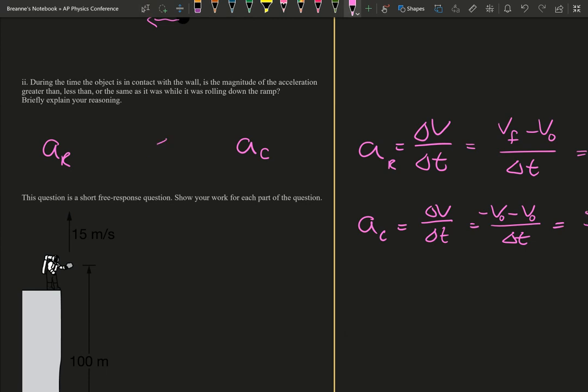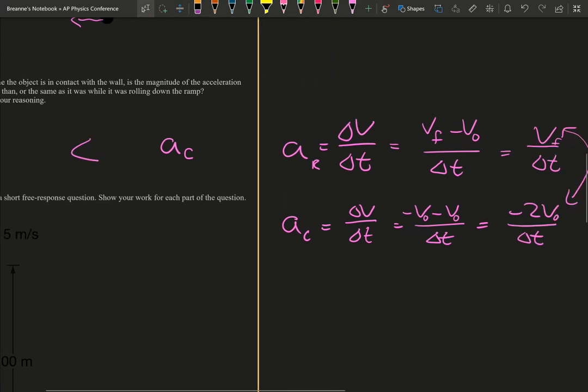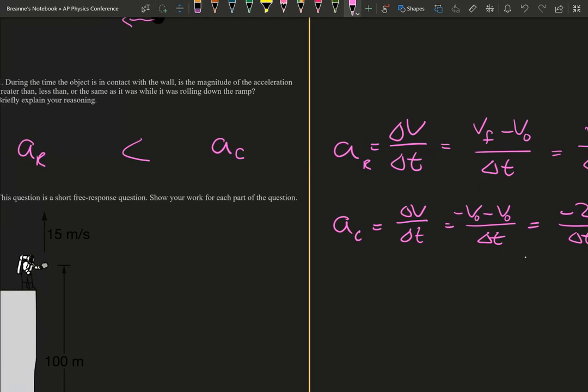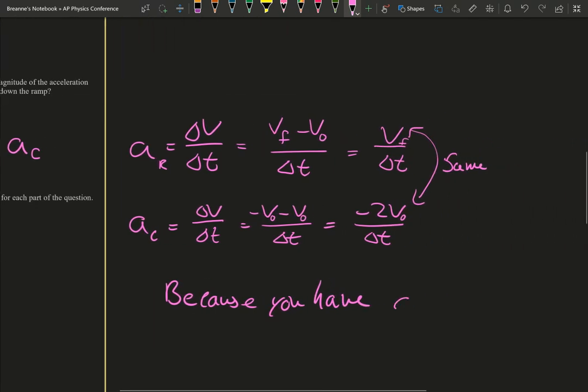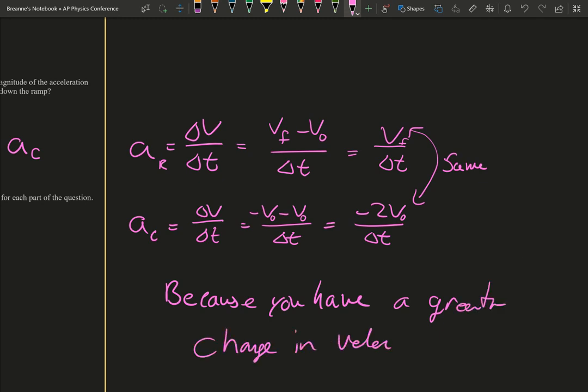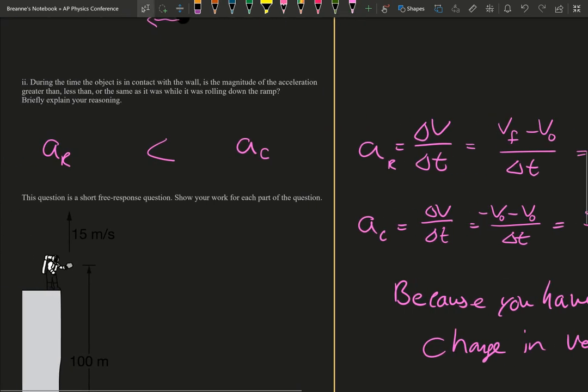Your acceleration during the collision is going to be greater, because you have a greater change in velocity.